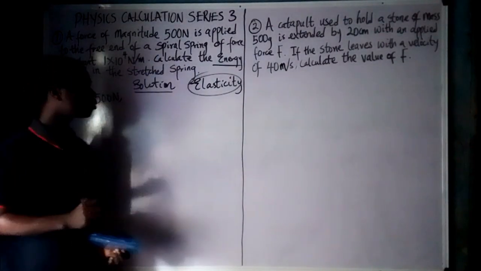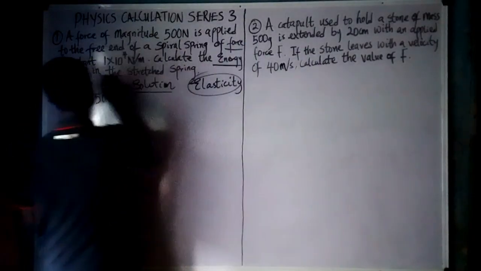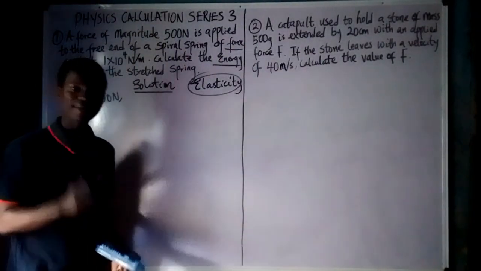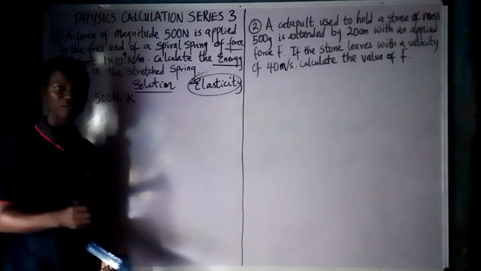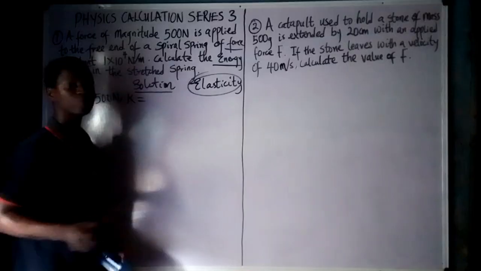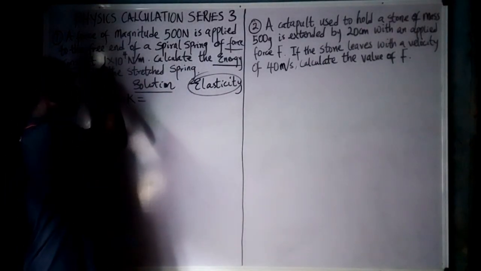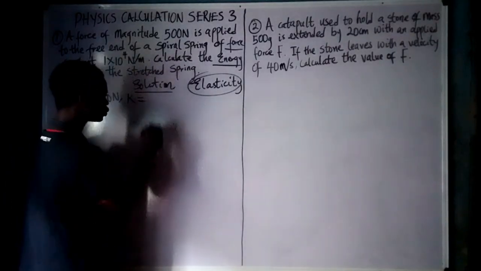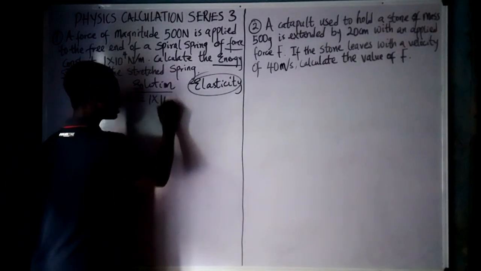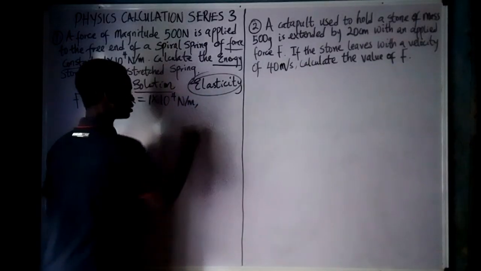Now from elasticity, we're told that the symbol for force constant is K. So any value that follows will be the value for K, and in this case our K is 1 times 10 raised to power 4 Newton per meter. So we'll write 1 times 10 raised to power 4 Newton per meter, comma.